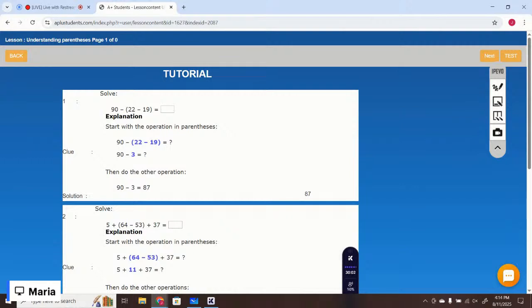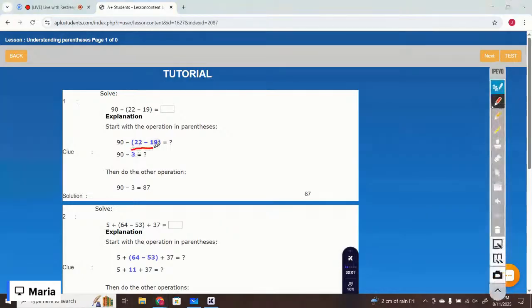So basically, we need to understand the concept of the parenthesis. We need to solve the parenthesis first, right?